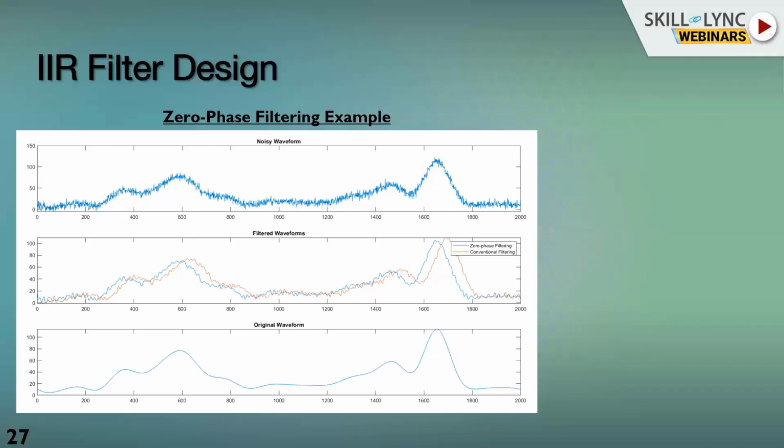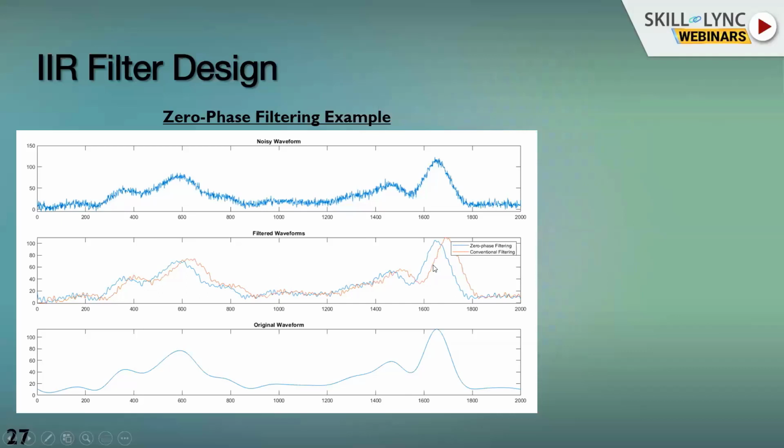We use this zero phase filtering example because, if you can see, this is the original waveform, and this is the noisy waveform. And if we use conventional filtering, the normal IIR filtering, the response is a little bit delayed. The noise has reduced, but there is a delay.